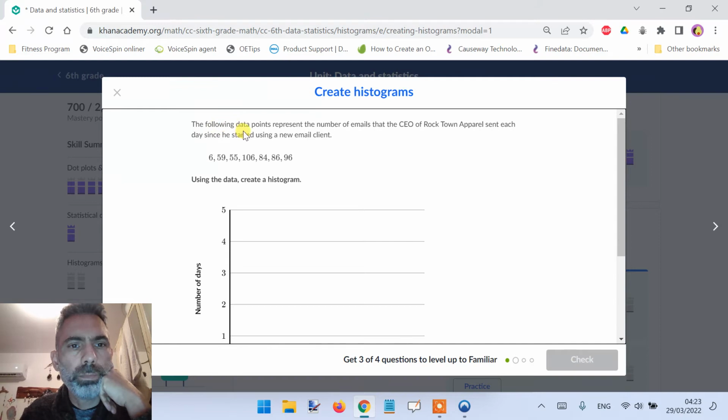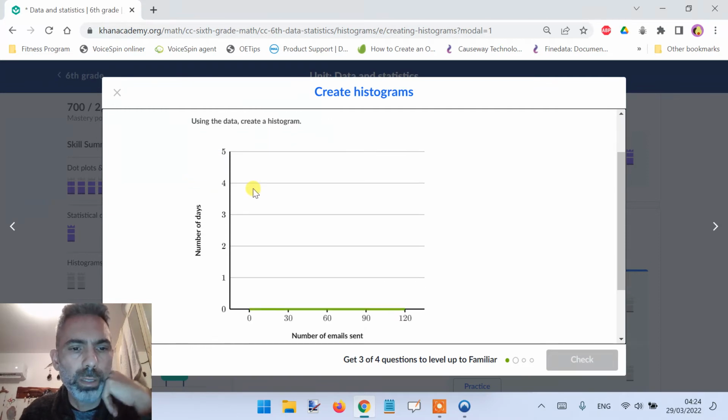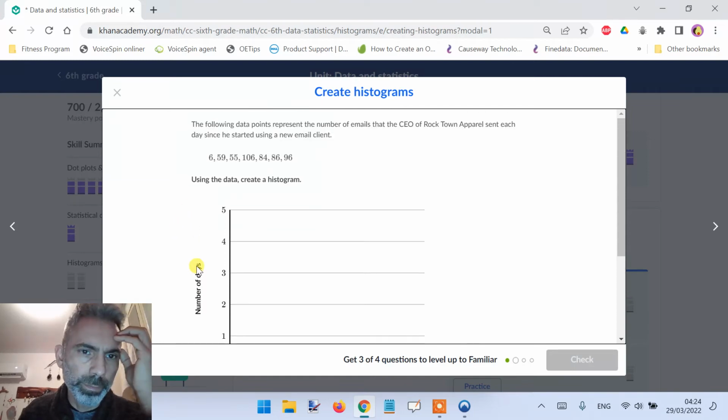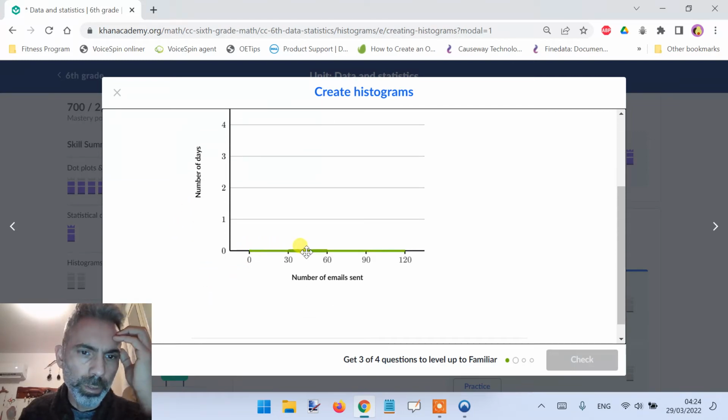The following data points represent the number of emails that the CEO of Rocktown Apparel sent each day since he started using a new email client: 6, 59, 55, 106, 84, 86, 96. Using the data, create a histogram. Number of days, and number of emails sent.